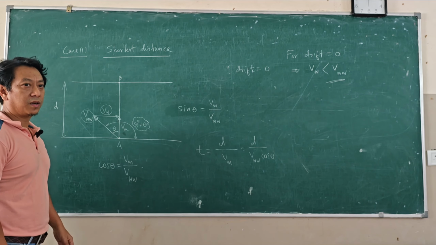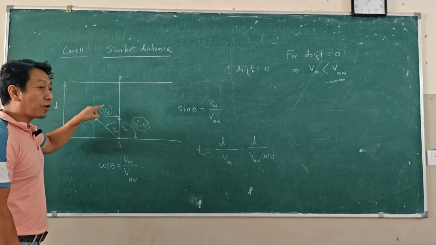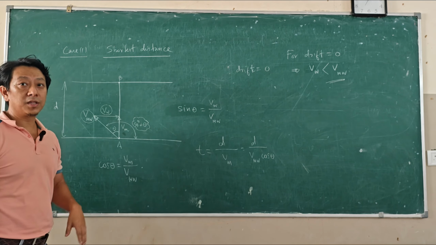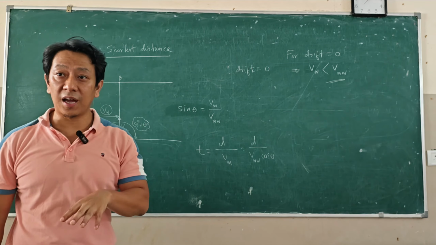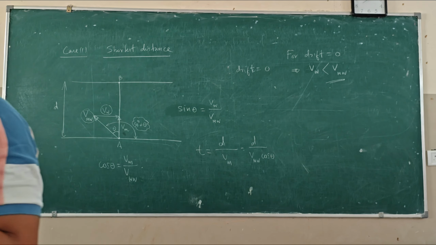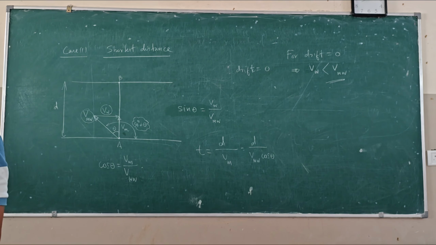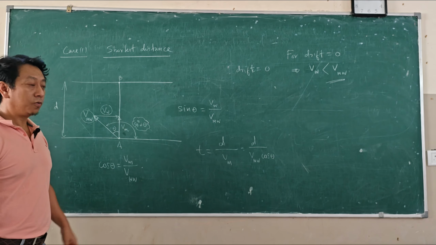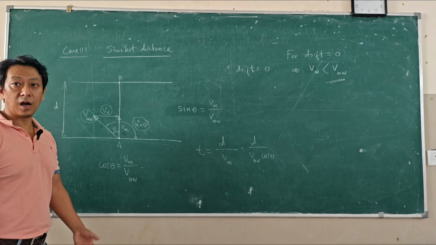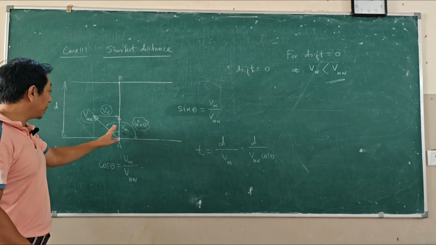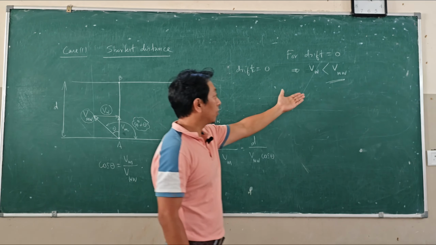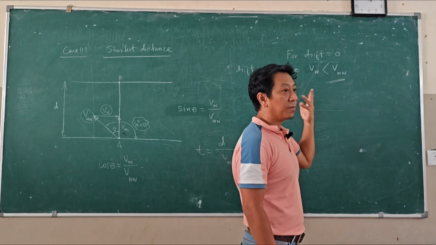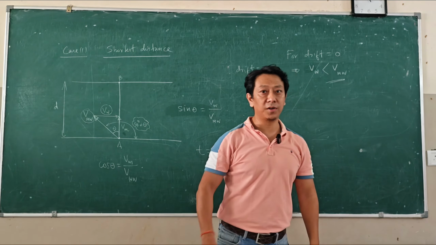Simple. So Vw has to be less, meaning the river velocity has to be less than the man's velocity in still water. That makes sense also. If a tsunami is coming, you will never reach the opposite point, because your velocity will never be greater than Vw.